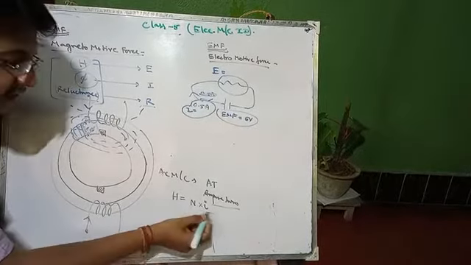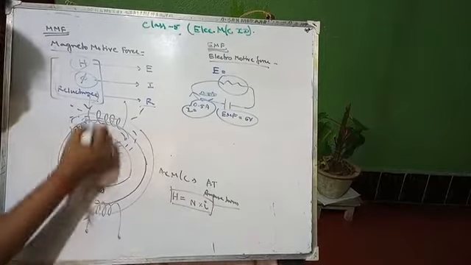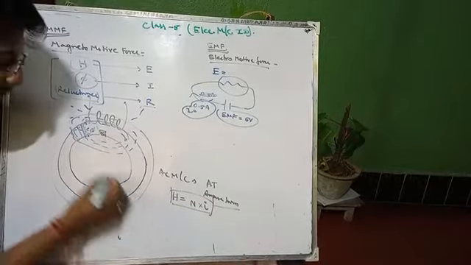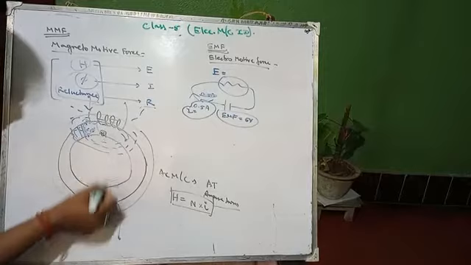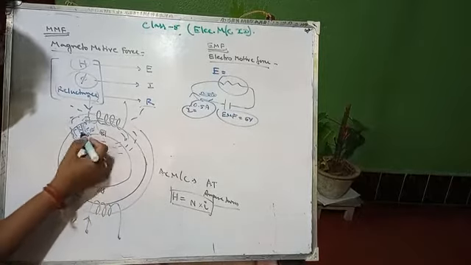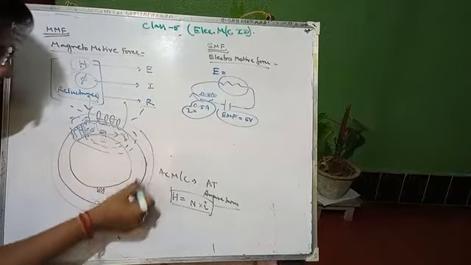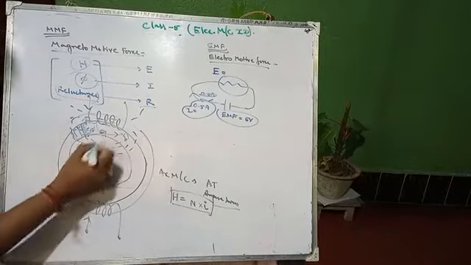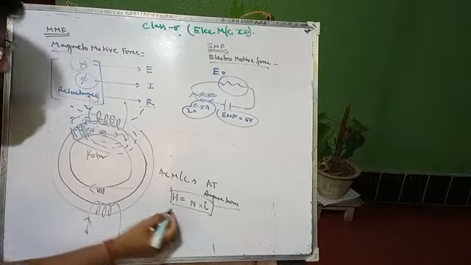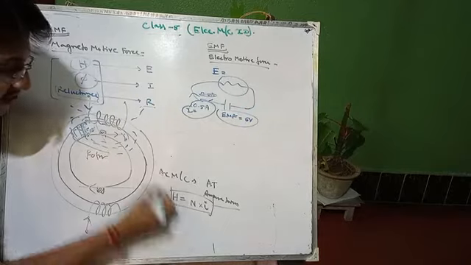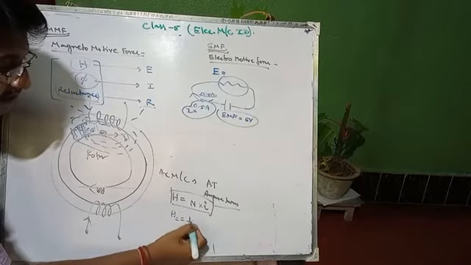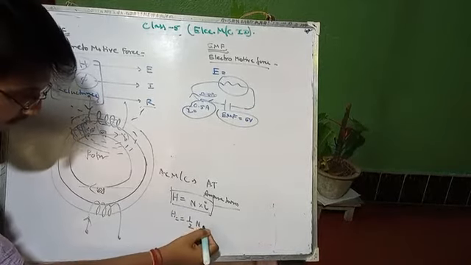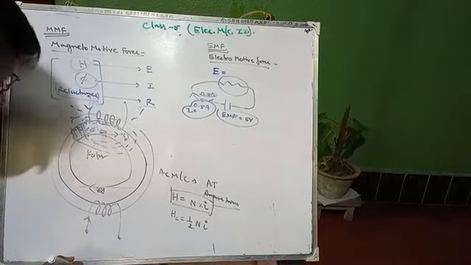So H equals Ni is induced over this section, and for simplicity we consider two conductors, one entering and the other leaving on the rotor part. So H for each conductor, H of C, is half of N into I.